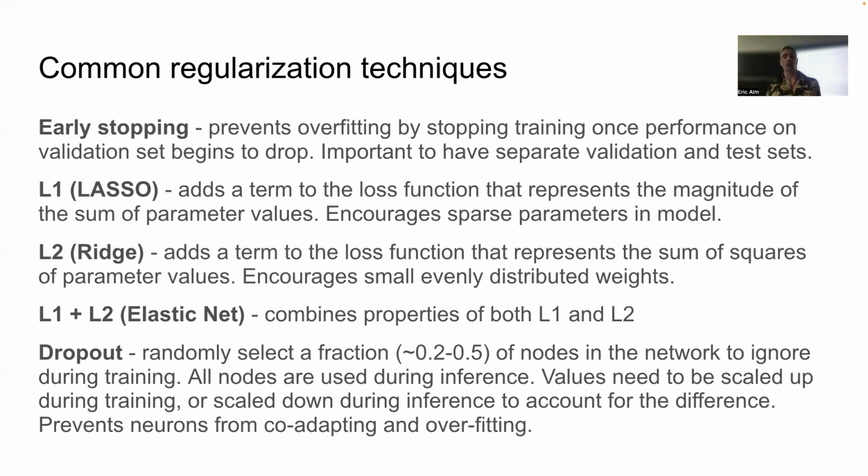L2 is kind of the same thing, but we take the square of all the parameters and add that to our loss function. We can also take a little bit of L1 and L2 together, with two constants, and put them both in, and that has some really nice properties.